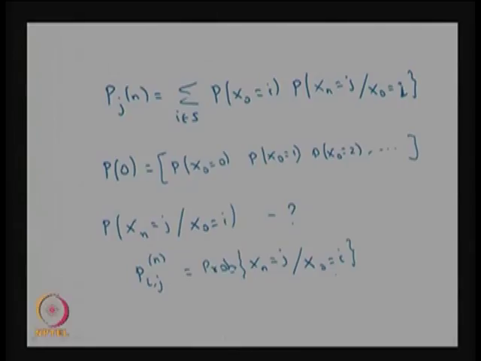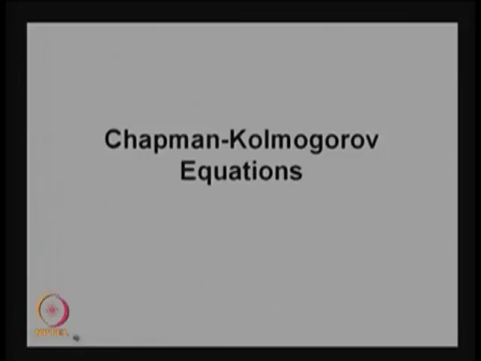We need to compute these n step transition probabilities p_{i,j} of n. This can be computed using the method called Chapman-Kolmogorov equations. The Chapman-Kolmogorov equation provides a method for computing the n step transition probabilities. How we derive it, I am going to do now. We are going to derive the Chapman-Kolmogorov equations for the time homogeneous discrete time Markov chain.